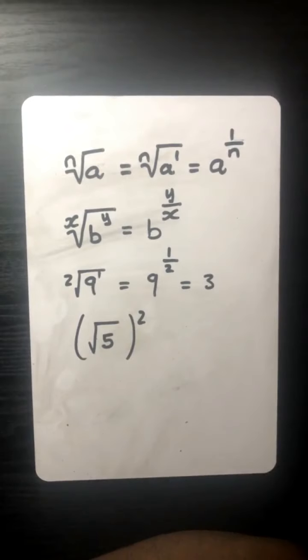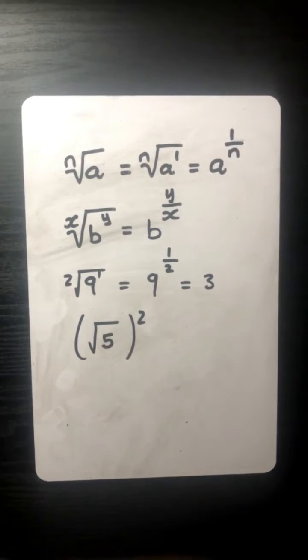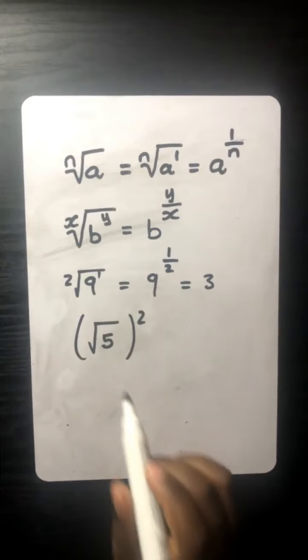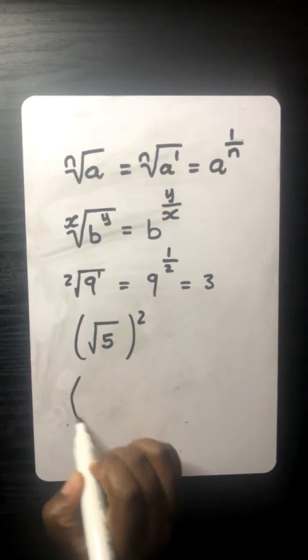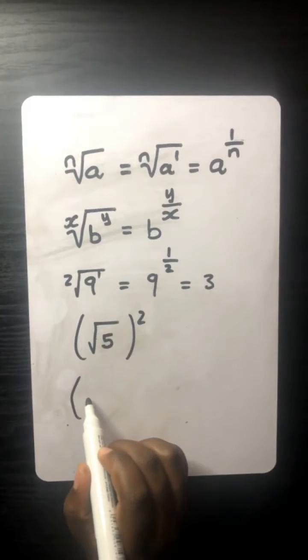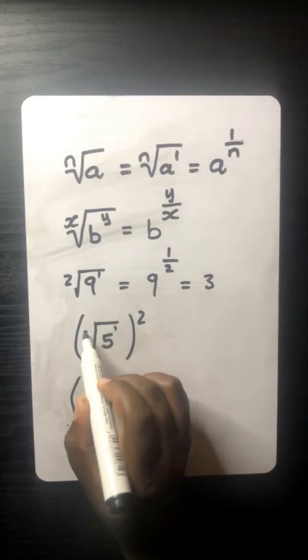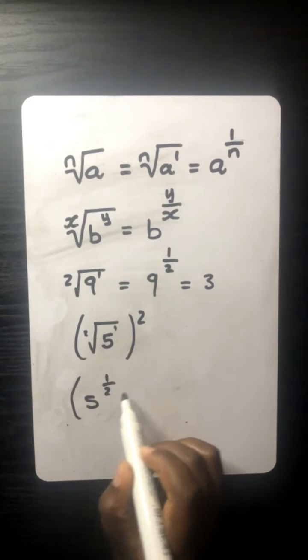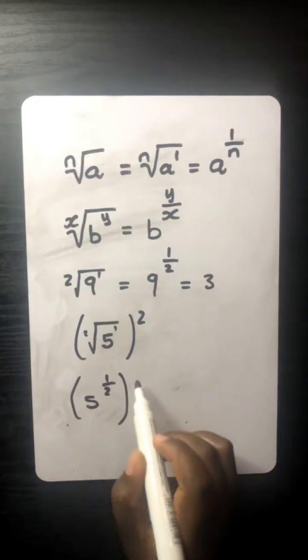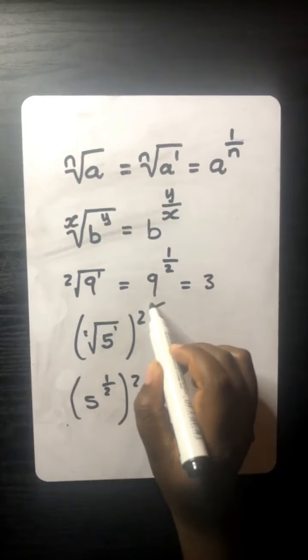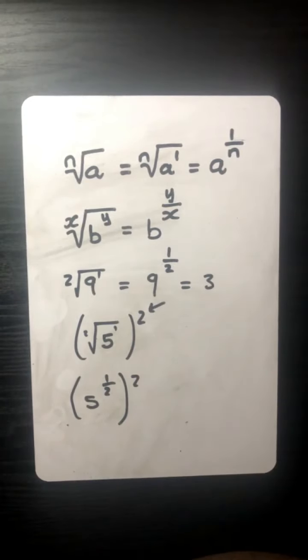Why are you squaring that square root, and why, when you square it, does it remove the square root? Remember, the thing inside the brackets is 5 to the exponent of that invisible 1 over that invisible 2, which makes it 1 over 2. You close the bracket, and that squared is what you are multiplying with because you want to remove the square root.